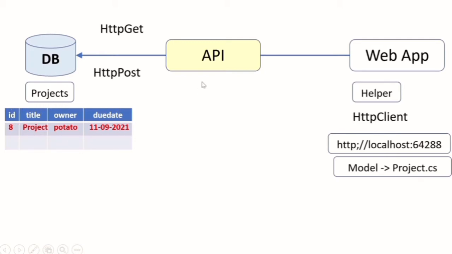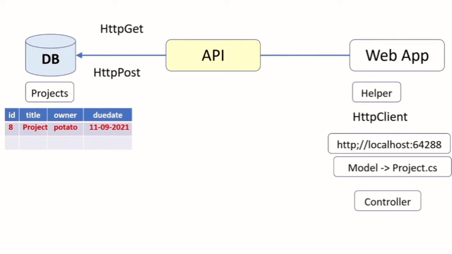So the advantage of this API is, if you have sensitive information inside this database and you don't want the other programmer to directly access it, you can just provide some information that's requested for that programmer to create this web application inside the API models, for example the project.cs model.